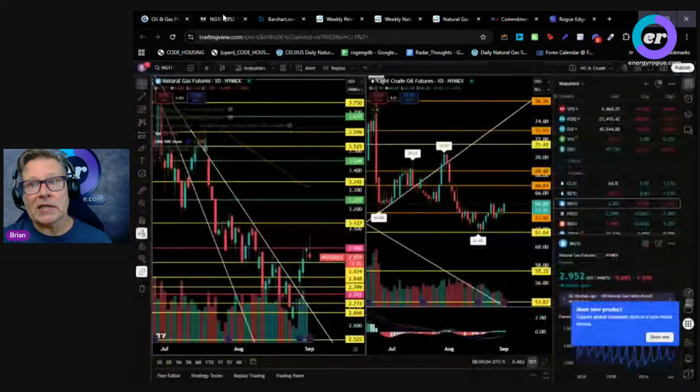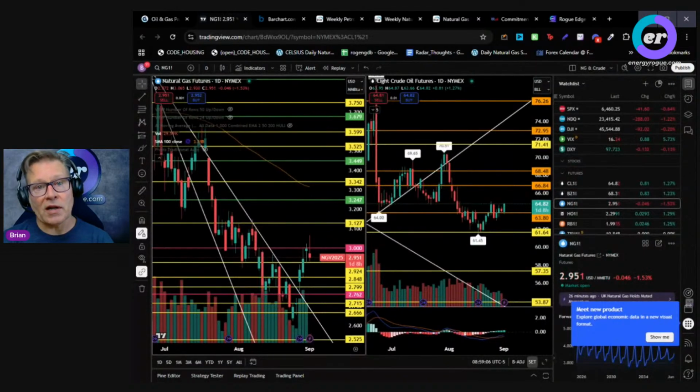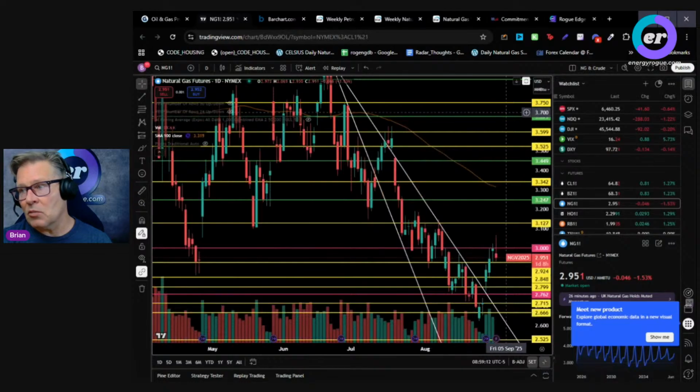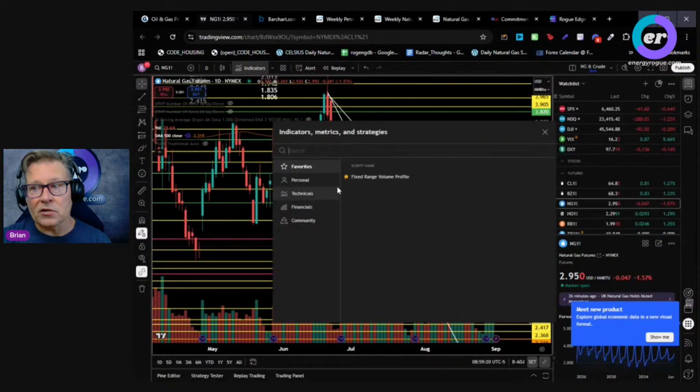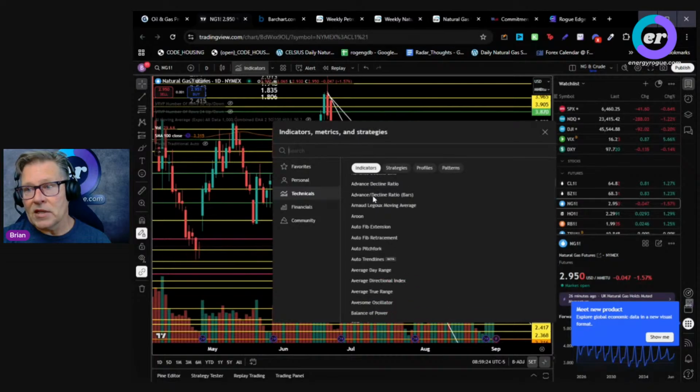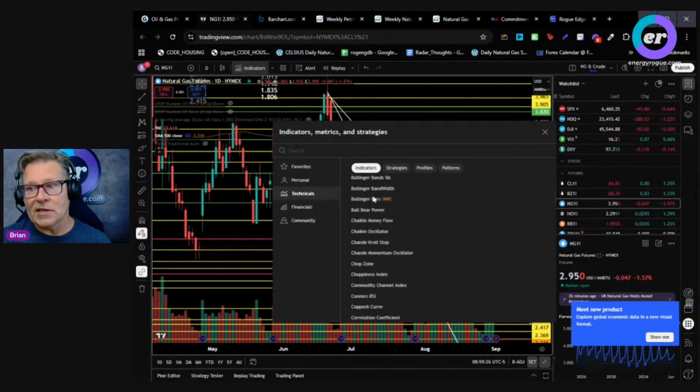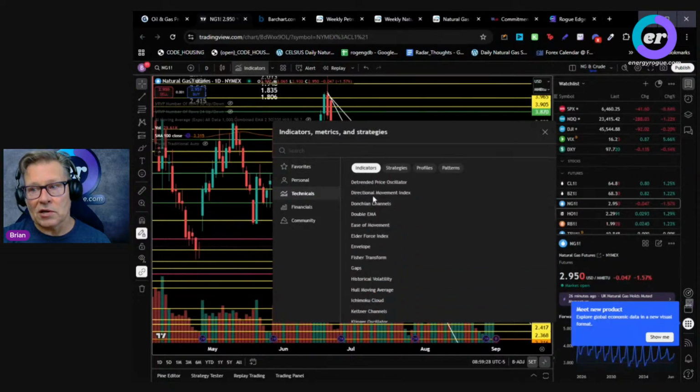And what I typically look at is TradingView. TradingView is a fantastic tool that allows you, let me just expand one of these, different technical indicators to look at. For instance, if I click on indicators, you can see these are all the technical indicators that you can put on your chart.